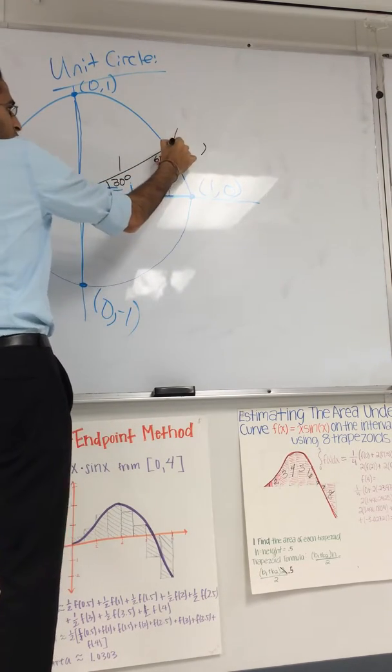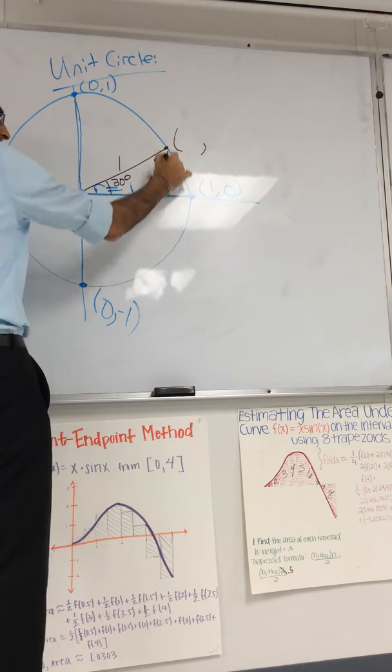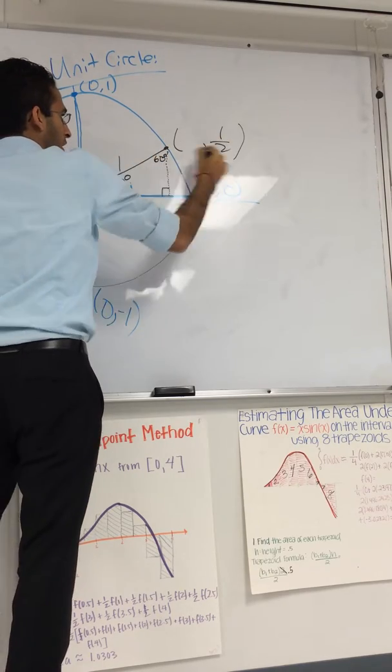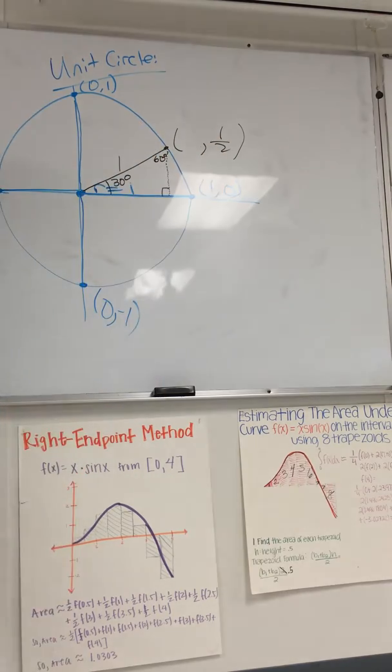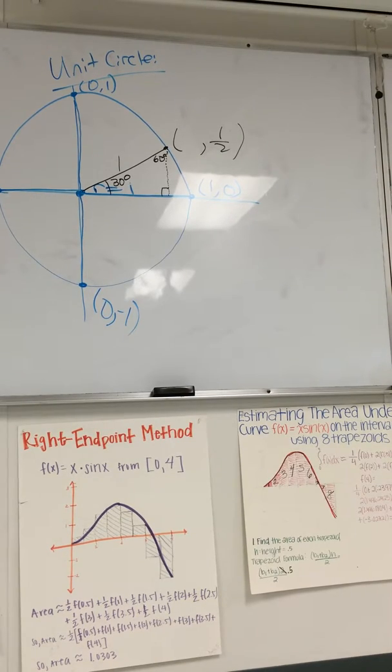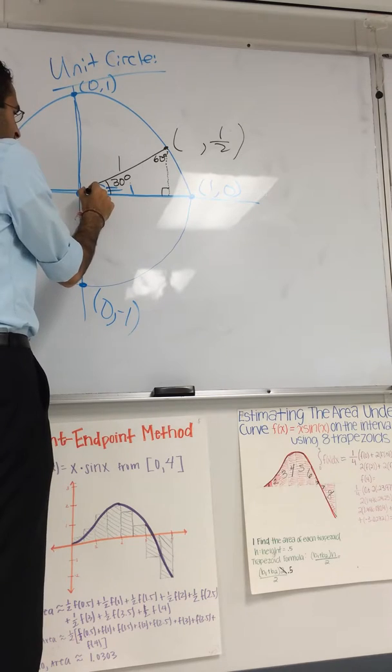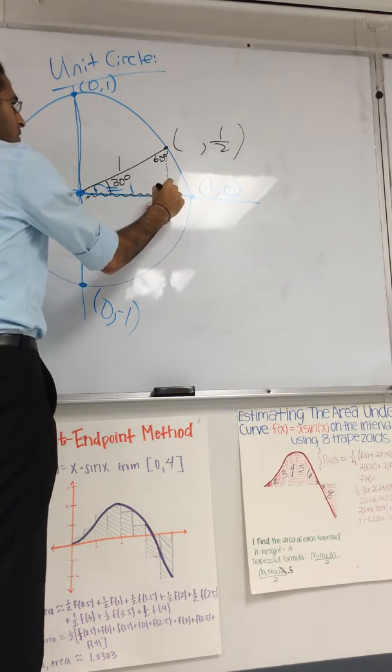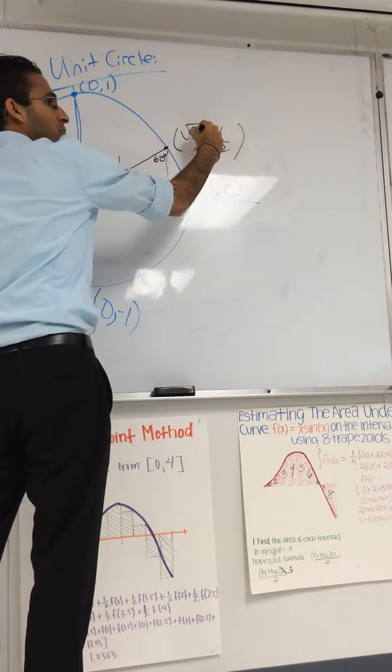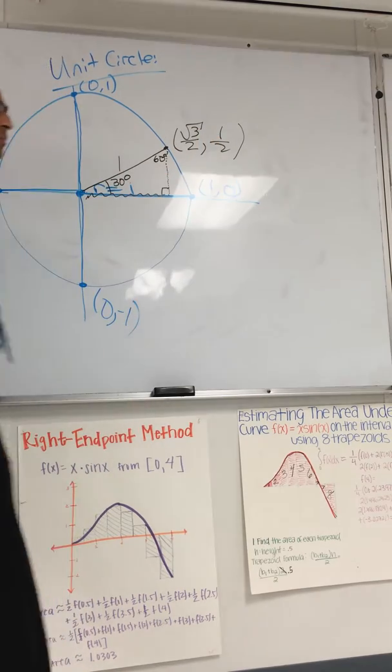So if this is 1/2, the y coordinate must be 1/2 here because I go up 1/2 unit. And then how much is this distance here? So this x coordinate must be root 3 over 2.